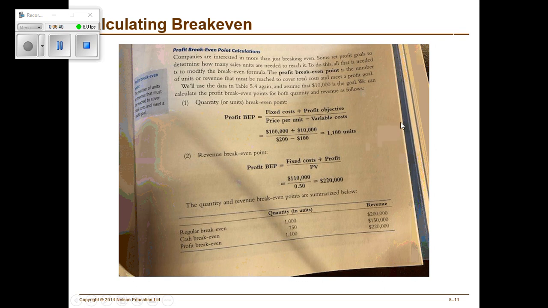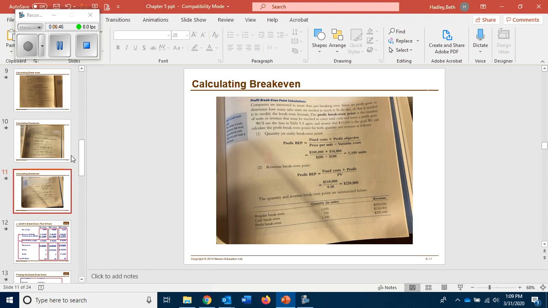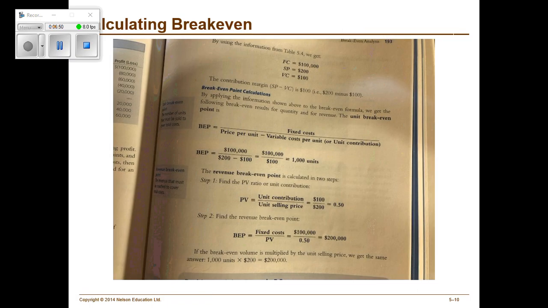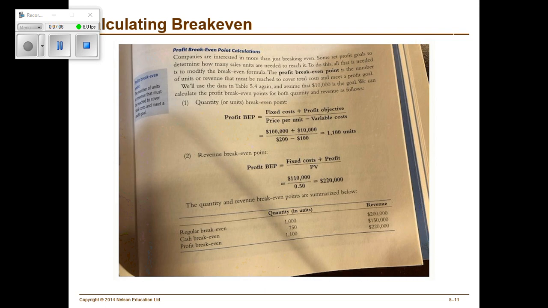So what if we wanted to not just break even? Right here we're talking about our break-even points, and break even is when exactly that, you break even. All of your costs are covered with zero profit in the end. And nobody wants that. You want to at least do that, but nobody wants to just break even.